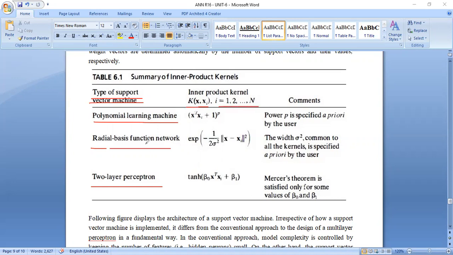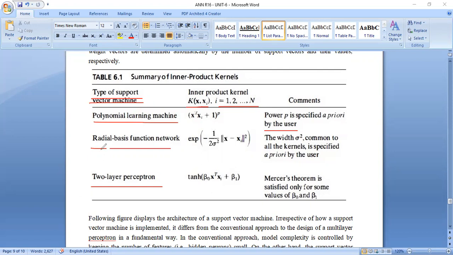The equation for the polynomial learning machine is (x transpose xi plus 1) to the power of p. What is p here? p is specified a priori by the user.